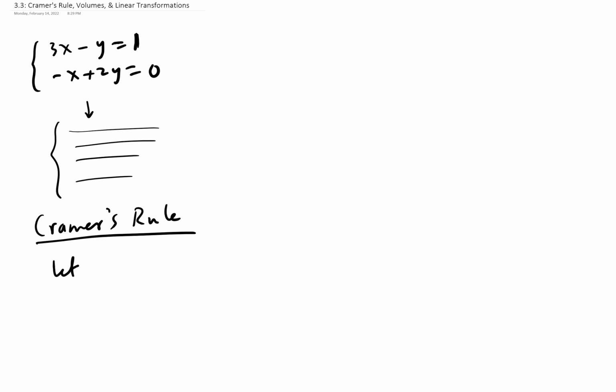He said, let's say we have a square matrix A that is invertible. Invertible means its determinant is not zero.